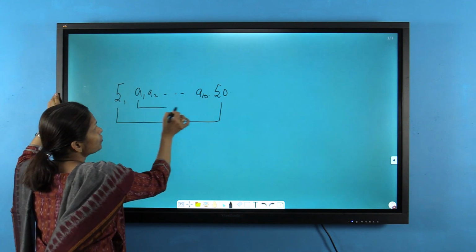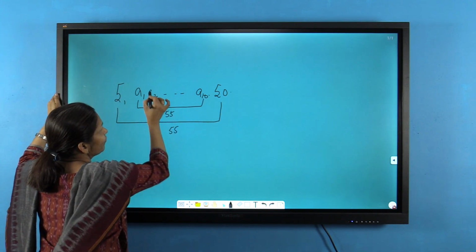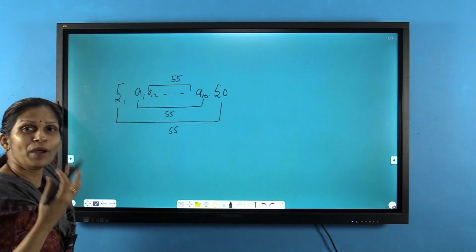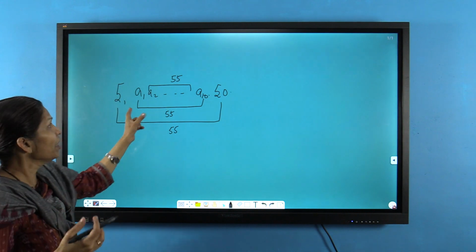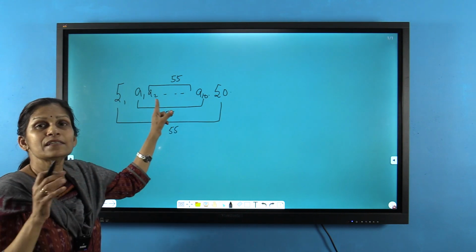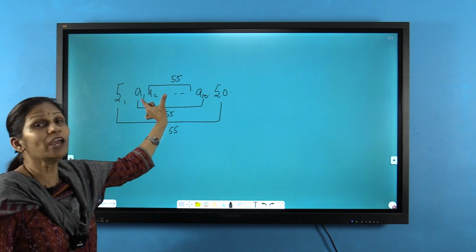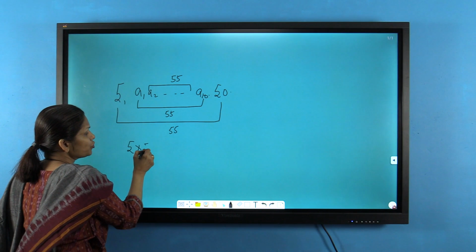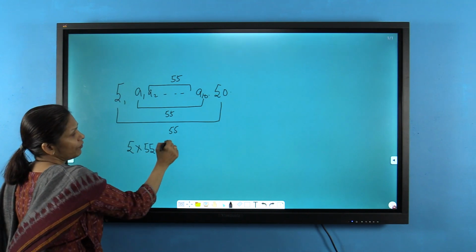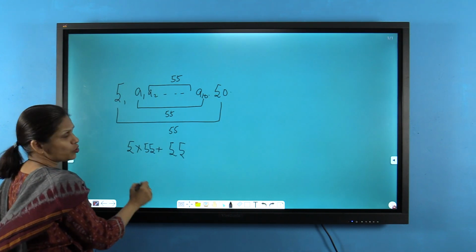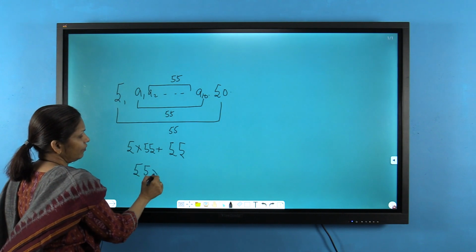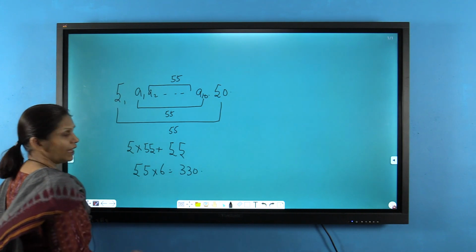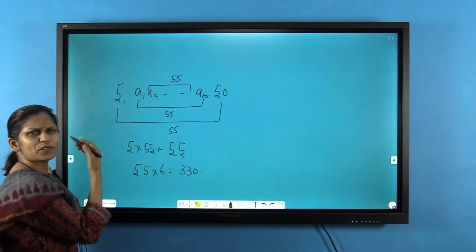So, the sum of these two will also be 55. The sum of these two will also be 55. So, how many such 55s will be there? In these 10 inserted terms, there will be 5 pairs. So, within these will be 5 into 55, and this 55 which is the sum of the extremes. So, what is your answer? 55 into 6. Just by logic, you can conclude that this is your answer without using any formula.